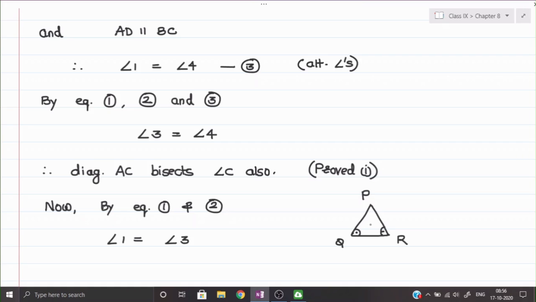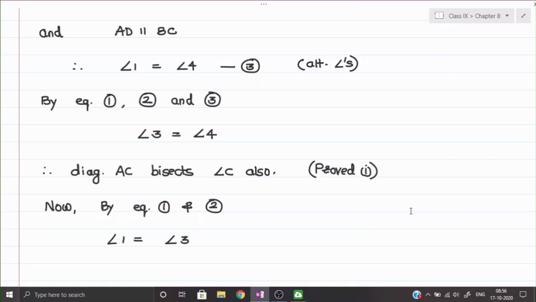That is PR. And which side is opposite to angle R? That is PQ. So PQ and PR will be also equal. This theorem is called as the converse of isosceles triangle theorem. Isosceles triangle theorem says if two sides are equal, then the angles opposite to them are also equal. Here we are using the converse. If two angles are equal in a triangle, then side opposite to them will be also equal.